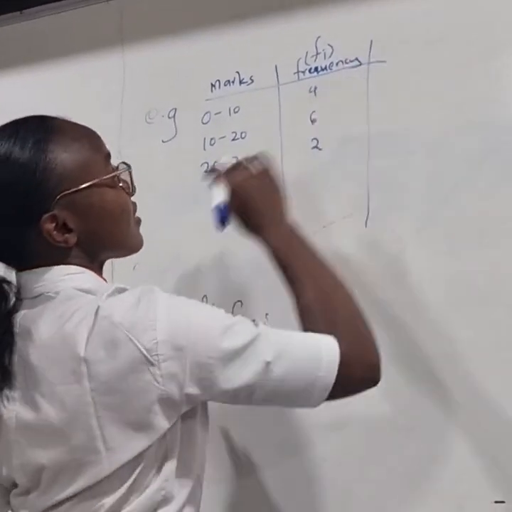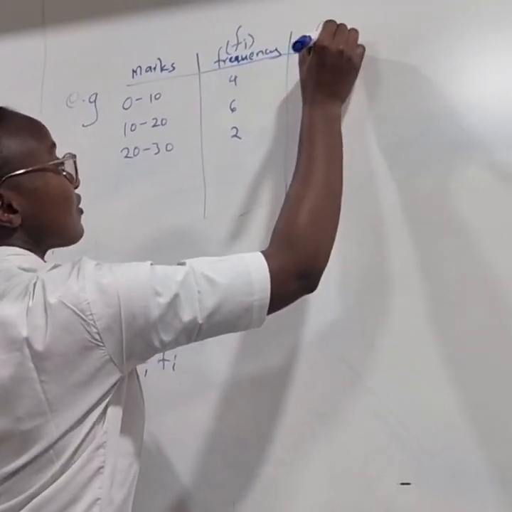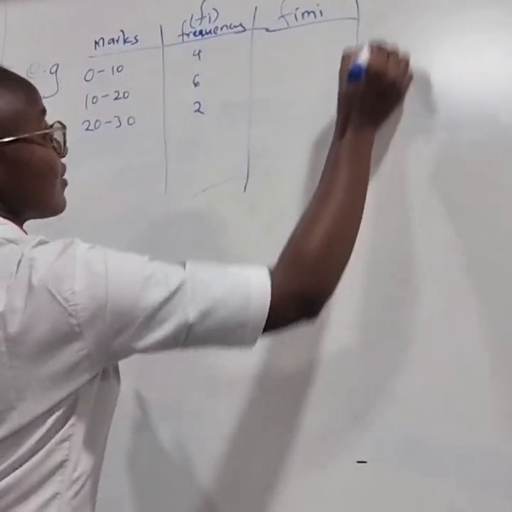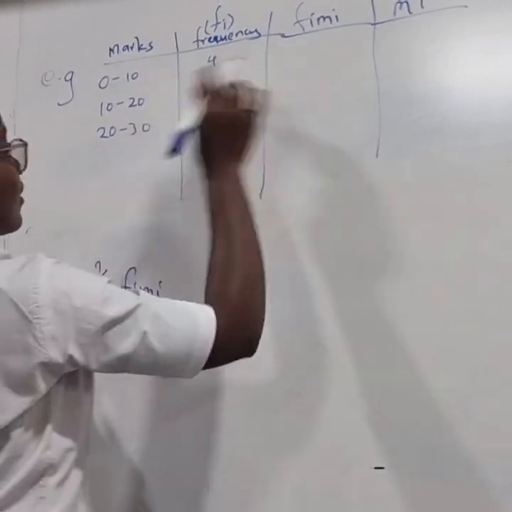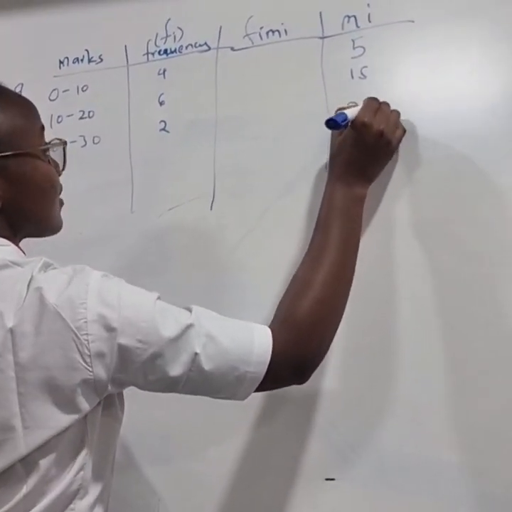So we need a separate column for fi mi, and before this you need to create a column for mi. Mi is the midpoint of this class. So from this data, the midpoints are 5, 15, and 25.